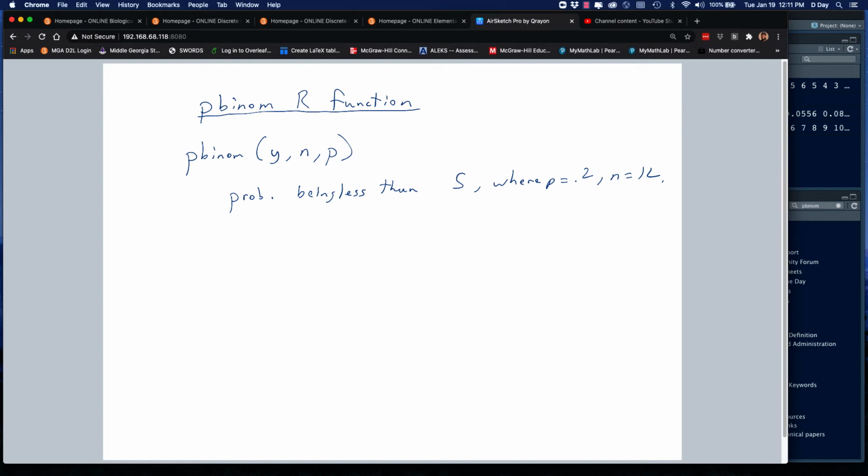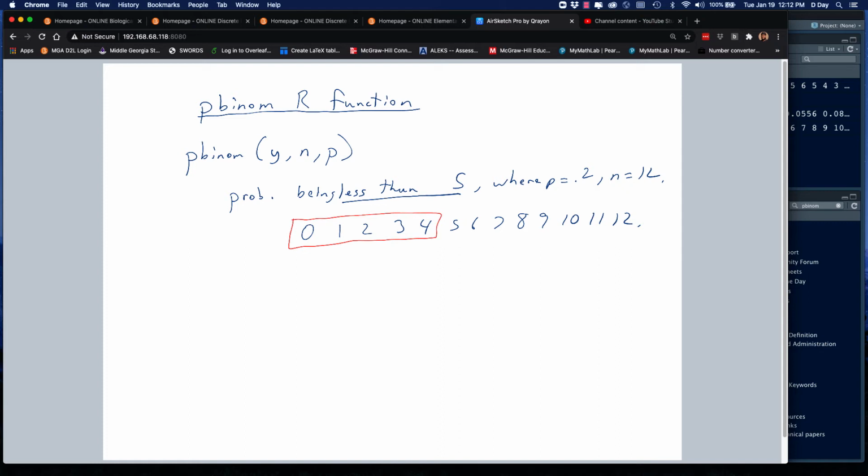Okay. So less than 5 is the key here. If you think about a number line, or you list out your discrete random values 0 through 12, 0, 1, 2, 3, 4, 5, 6, 7, 8, 9, 10, 11, 12, and you plug in less than 5, the probability you want pbinom to add up for you is going to be these 4 numbers here.